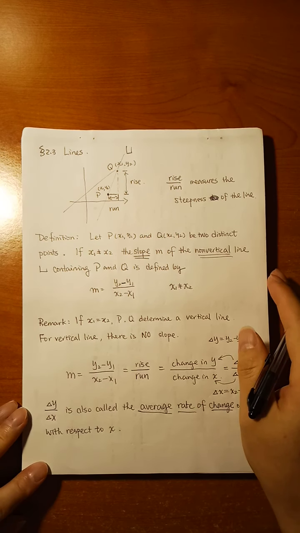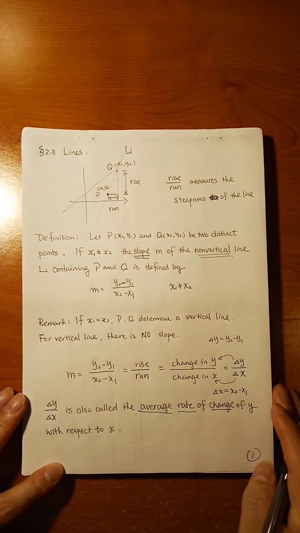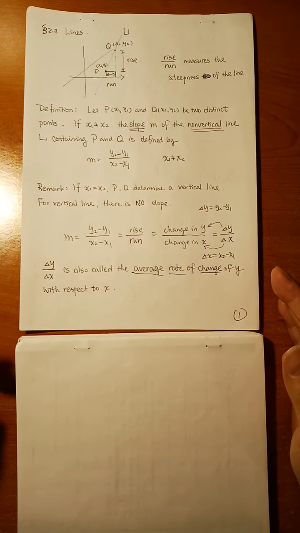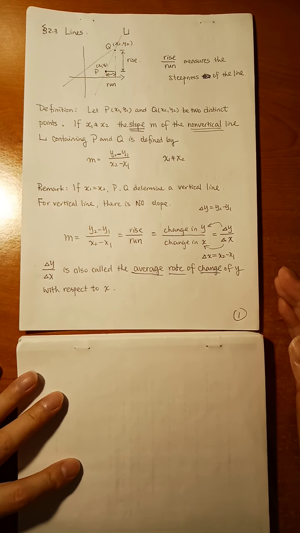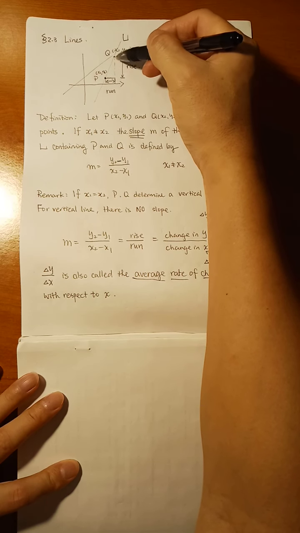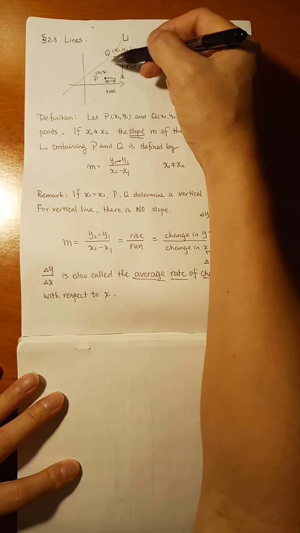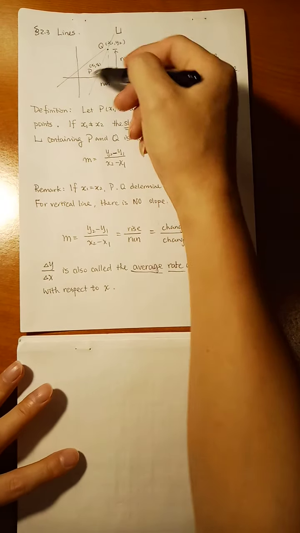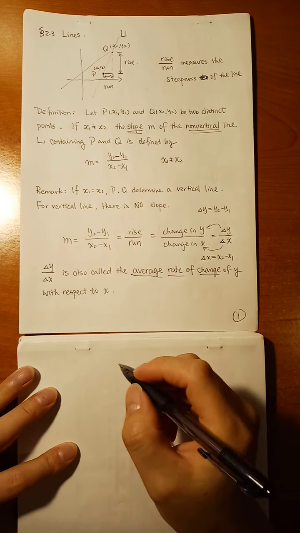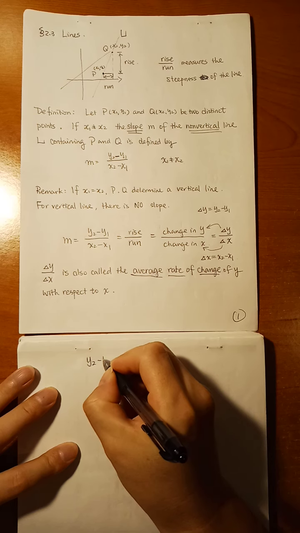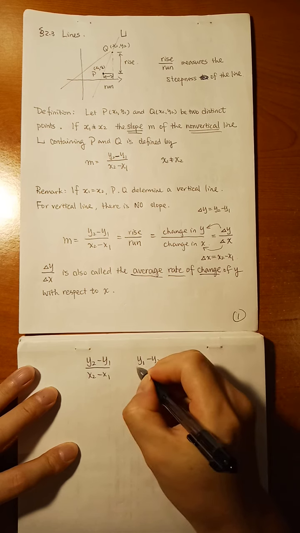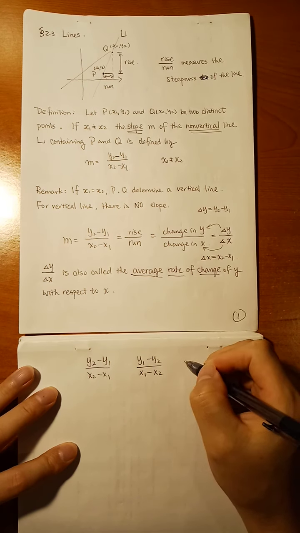Okay, and there's a technical issue. When we have two points, P and Q, we don't know which one is x1, y1 and which one is x2, y2. So possibly we call P (x1, y1) and Q (x2, y2), or we call Q (x1, y1) and P (x2, y2). It doesn't matter because this is randomly labeled, but we will compute the same slope. Check here. If we use y2 minus y1 over x2 minus x1, or we use y1 minus y2 over x1 minus x2, these two are equal.